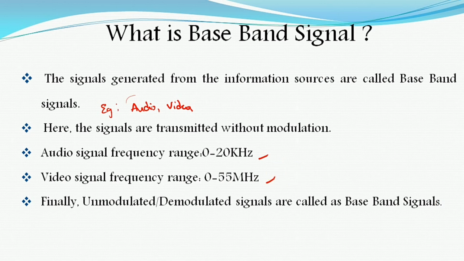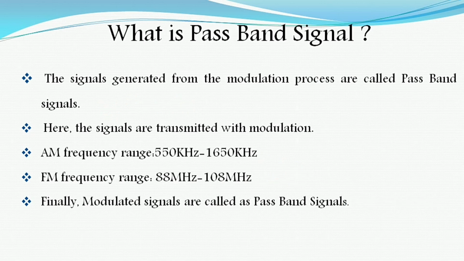So next parameter is what is passband signal. Here we know that the baseband signals are not directly transmitted through a channel, and that too if you consider a wireless channel. So in order to transmit the baseband signals through a wireless channel, we have to convert the baseband signals to passband signals. Now what is the conversion? Here these passband signals are high frequency signals.